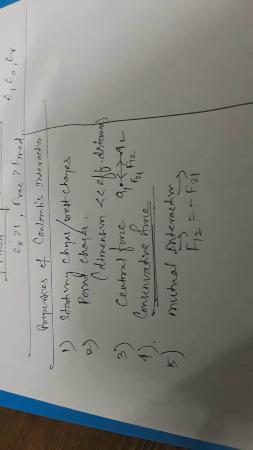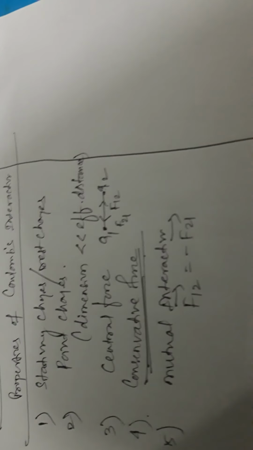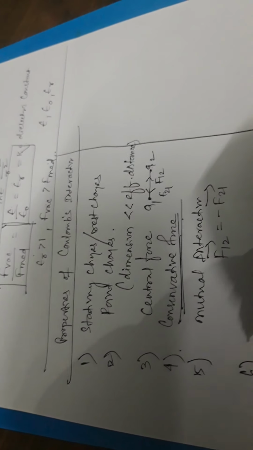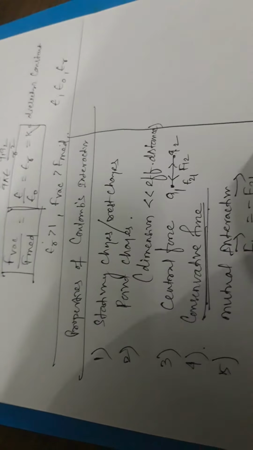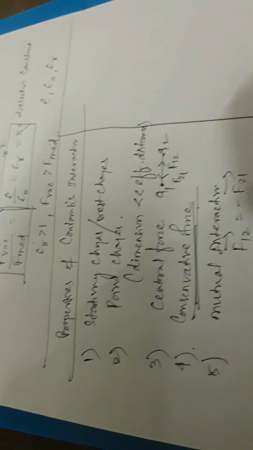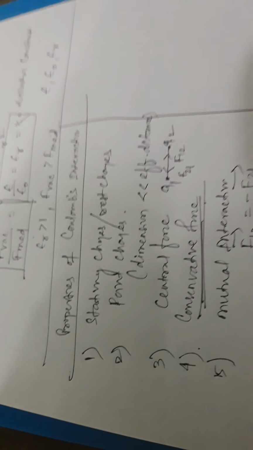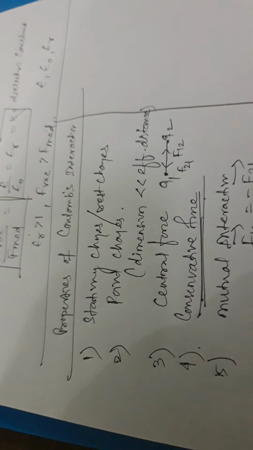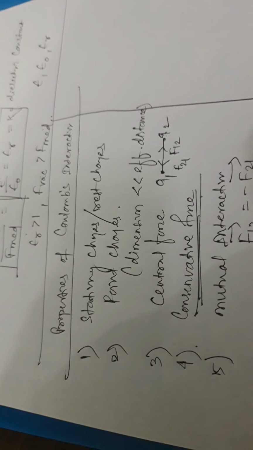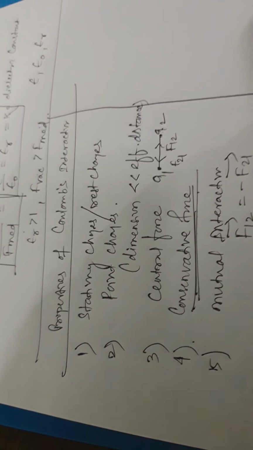And you can see that if the product of the two charges is greater than 0, then the force is repulsive, and if the product of the charges is less than 0, then the force is attractive.